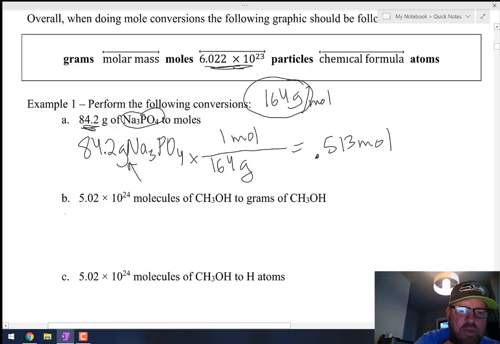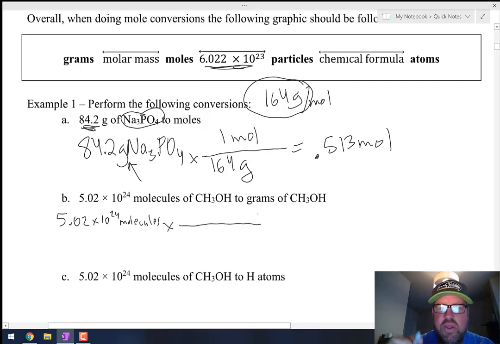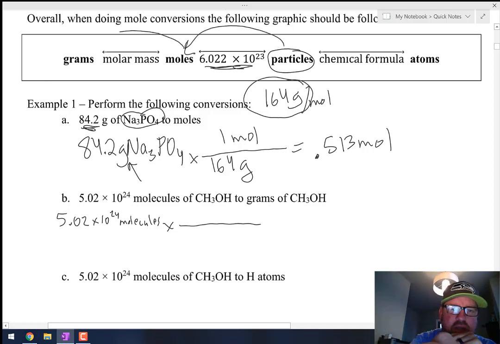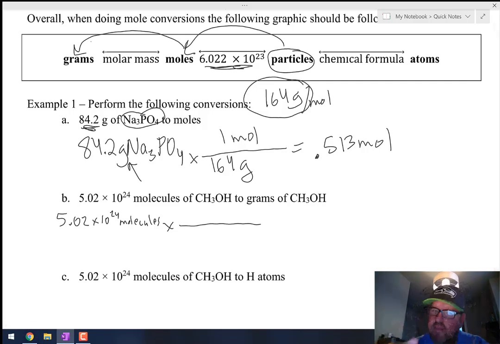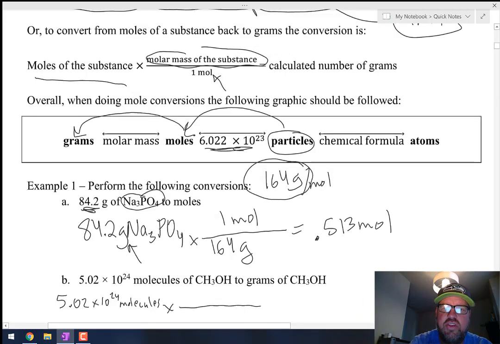On letter B, we're going to start with 5.02 times 10 to the 24th molecules. And yes, there's no abbreviation for molecules. It's super annoying. So basically we're starting here, and we have to go from there to moles, and then from there back to grams. The first thing we're going to do, remember, a mole is the number of grams from the periodic table, but it's also equal to 6.022 times 10 to the 23rd.